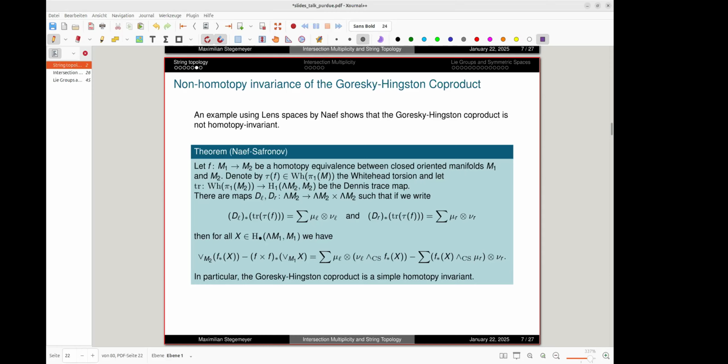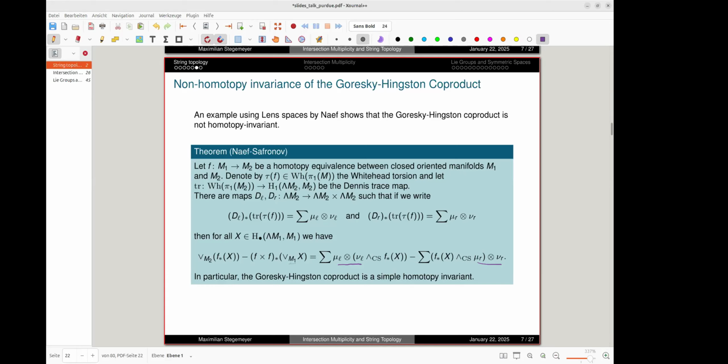First we go with F to M2 with our homology class here, and then we do the coproduct on M2, and we want to compare this to first doing the coproduct on M1 and then going to M2 with F. It turns out that the right-hand side of this equation features now this mu L and nu L, which come from the Dennis trace of the Whitehead torsion, and then here you need to take the Sullivan product with F star of X, and here you need to do it the other way around. It's not super important what we have on the right-hand side here. I just wanted to mention that there's an explicit formula now for this.